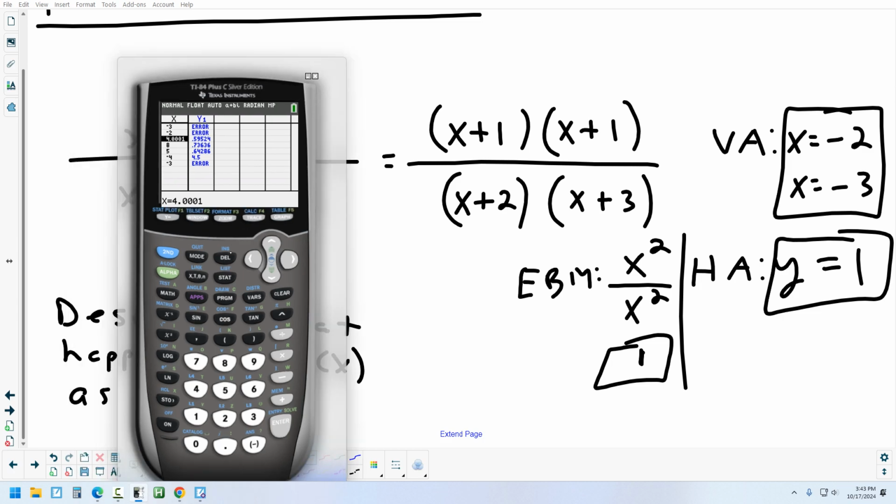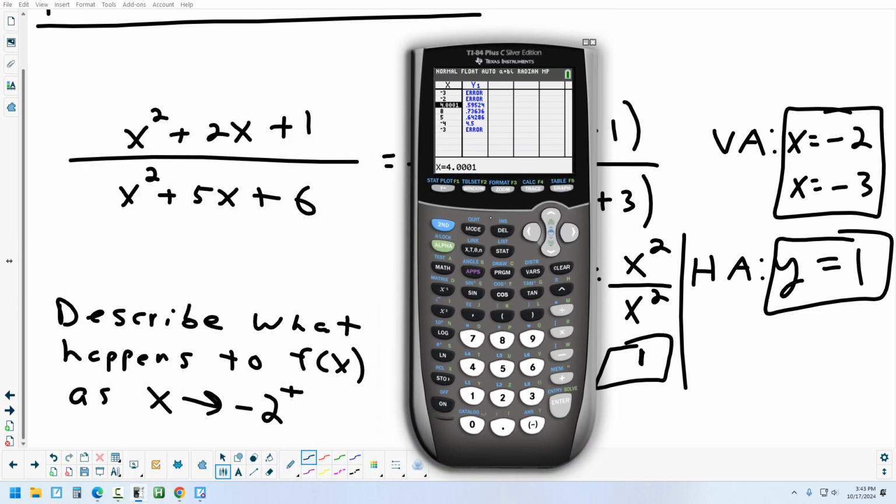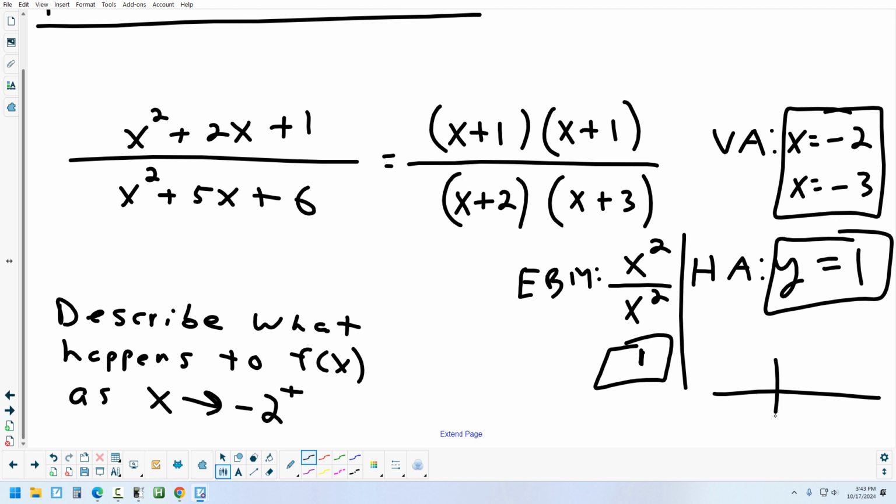So what would be a number that I could plug in that's approaching -2? So here's your number line, here's -2. Coming from the positive side, what's a number that's very close to -2?